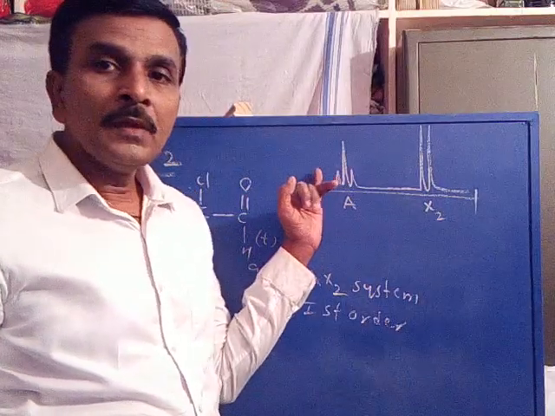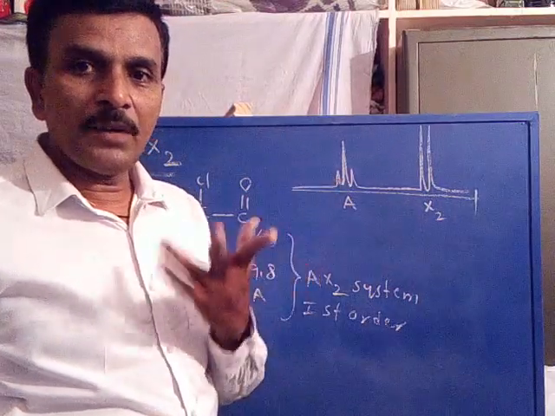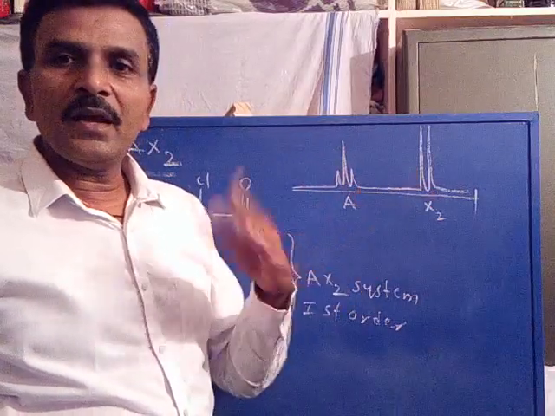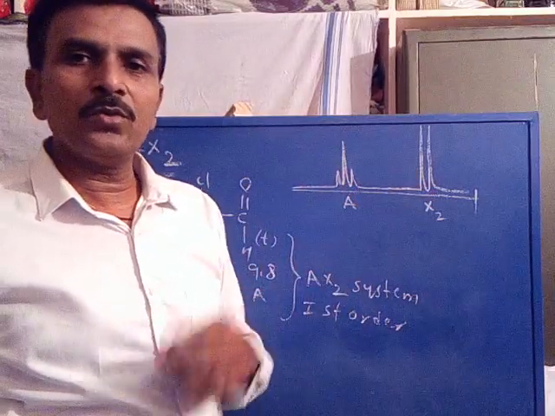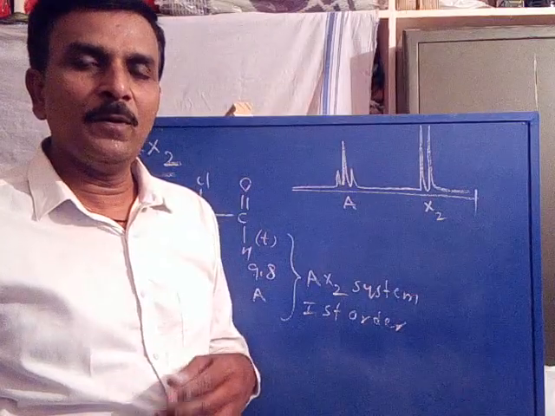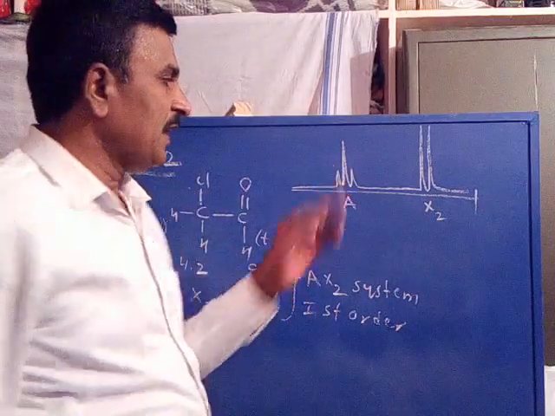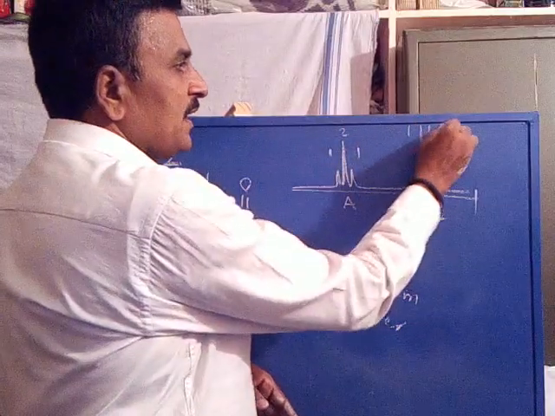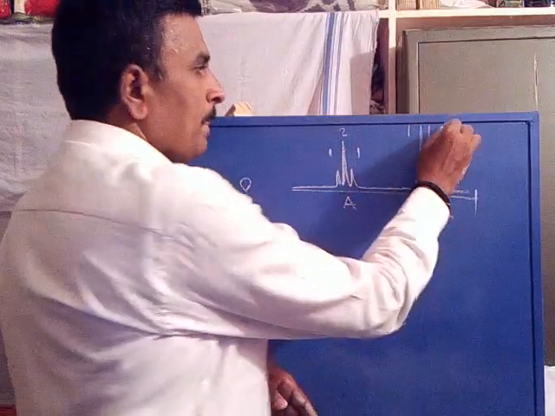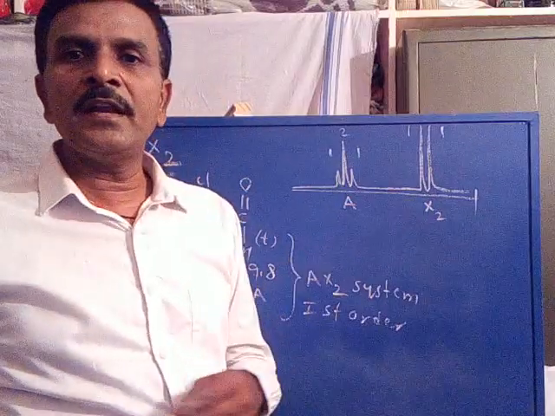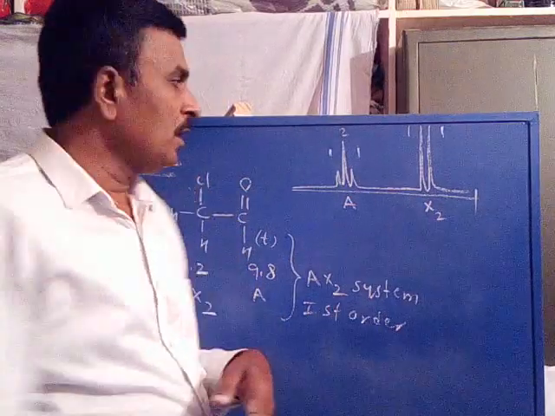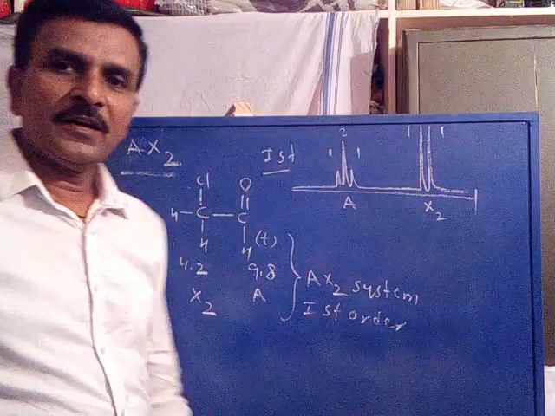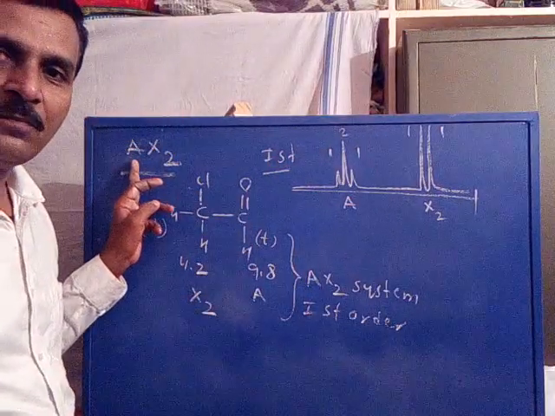The multiplicity, appearing as a triplet, is according to the n+1 rule. It is a doublet again according to the n+1 rule. So the simple multiplicity rule is applicable. Now coming to intensity, the triplet has exactly 1:2:1 intensity. The doublet has exactly 1:1 intensity. Is it clear? So simple intensity rules are also applicable. So this is a first order spectrum of an AX2 system. Is it clear?